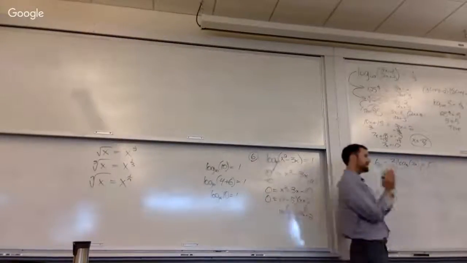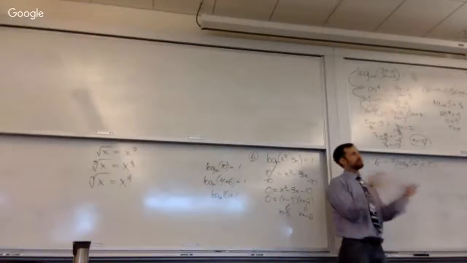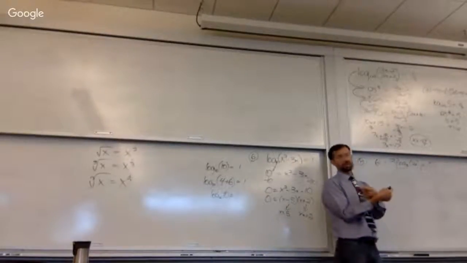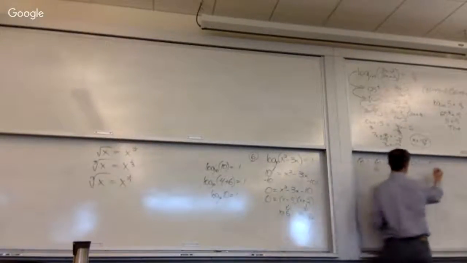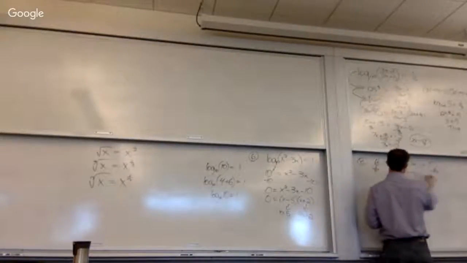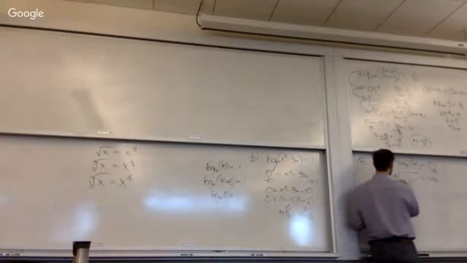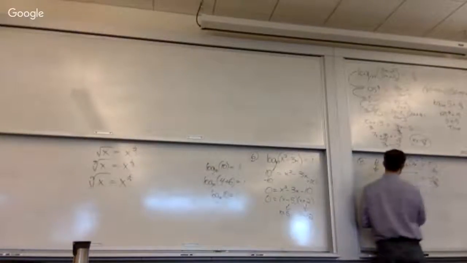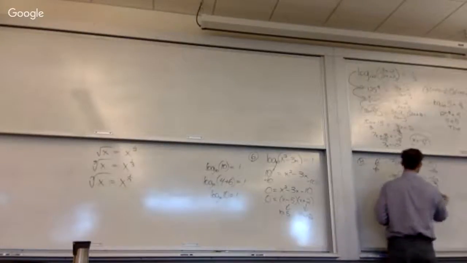You need to get that thing by itself first so that you can then apply the definition and convert from a log to an exponential. So we subtract off the 6. So we get -3 times the log equals -6. You divide off the -3, and so now we have log base 5 of 2x equals 2.